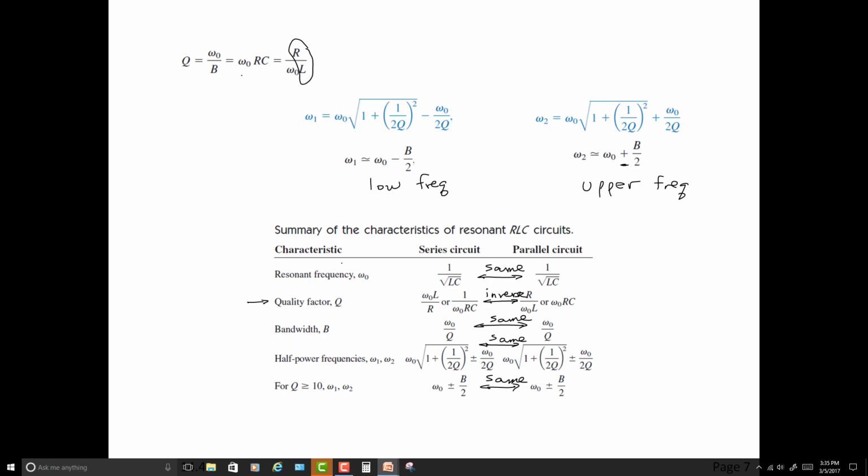But if you need a very sharp circuit, you may look at your available components, other physical things, frequency, the range of frequencies you're going to deal with, where your center frequency is going to be, and say, how will I achieve the quality I want? Will I achieve it better with a parallel circuit or with a series circuit? That's just a question you have to ask yourself at the time of design.